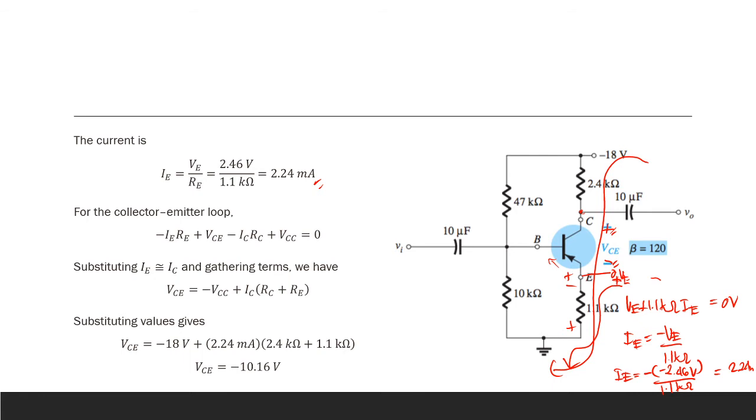Yun. So, that is how we solve for the characteristic ng isang PNP transistor. Ganun lang siya. Similar lang talaga. Iba lang yung mga signs natin. Pero, kung paano mag-loop, paano magkuha ng mga values, similar lang. Now, at this point, I want you to pause the video and try to solve yung problem na to using without approximation. So, i-Thevenize natin siya.